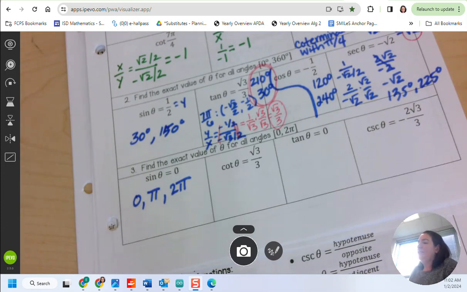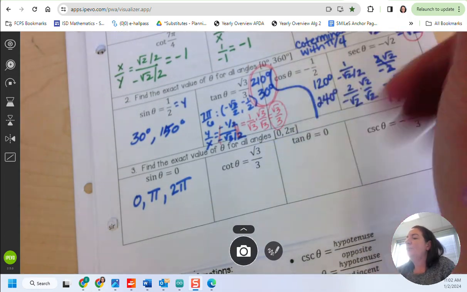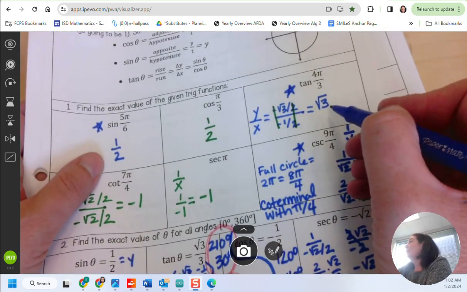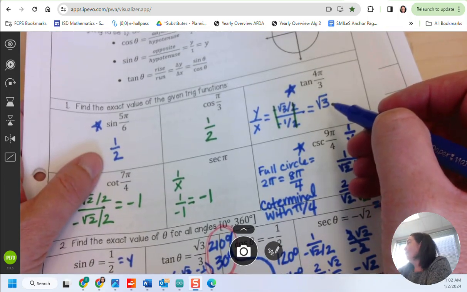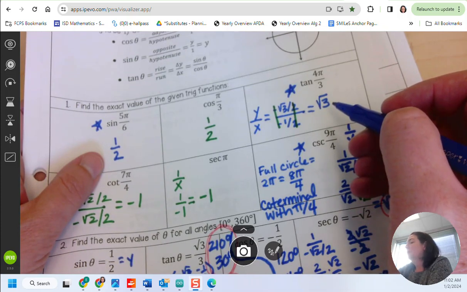All right, cotangent of theta is root 3 over 3. So we've kind of spent some time thinking about tangents and cotangents, right? The places where the tangent is going to be root 3, the cotangent is going to be root 3 over 3. Those two numbers are reciprocals of each other.